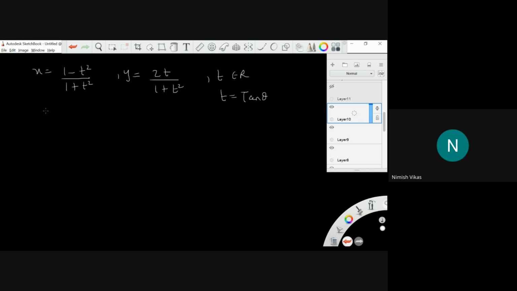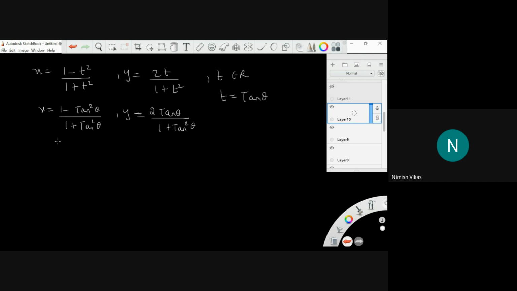So now x is 1 minus tan square theta upon 1 plus tan square theta, and y will be 2 tan theta upon 1 plus tan square theta.